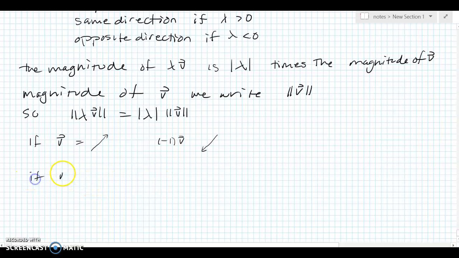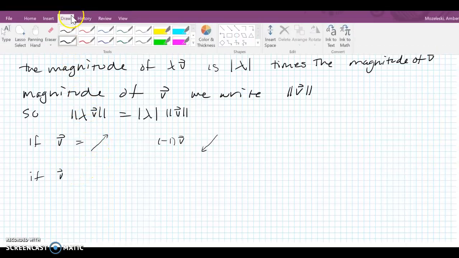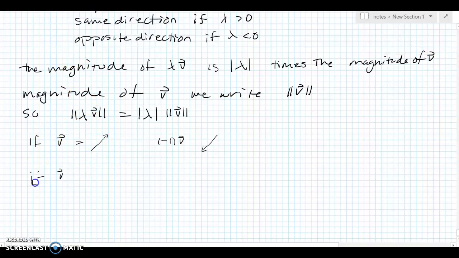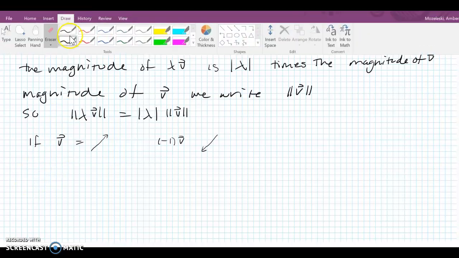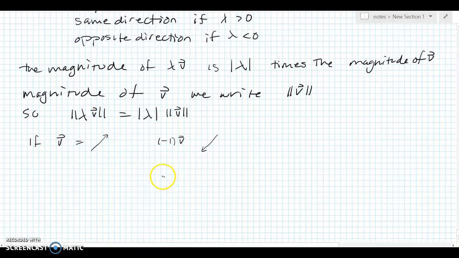If V, let's just keep the same V. It might be easier. Then 2 times V, well, that's going to go in the same direction. This magnitude is considered 1, and the other magnitude would be 2. It would be 1, 2.